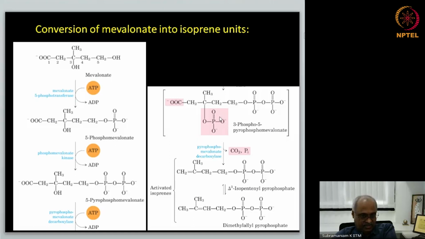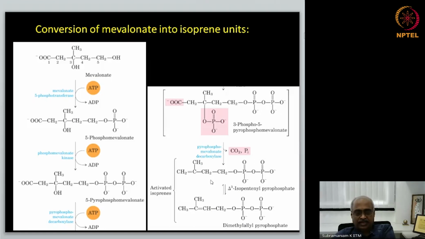And this decarboxylase enzyme then removes this carboxyl group here, as well as it cleaves this phosphate, generating isopentenyl. The pentenyl is because of this double bond, iso because this methyl group is not part of the linear chain, pentenyl because it's a 5-carbon. If this is fully saturated, you would have called it isopentane. And if this was part of the linear chain, that would have been simply the aliphatic hydrocarbon pentane.